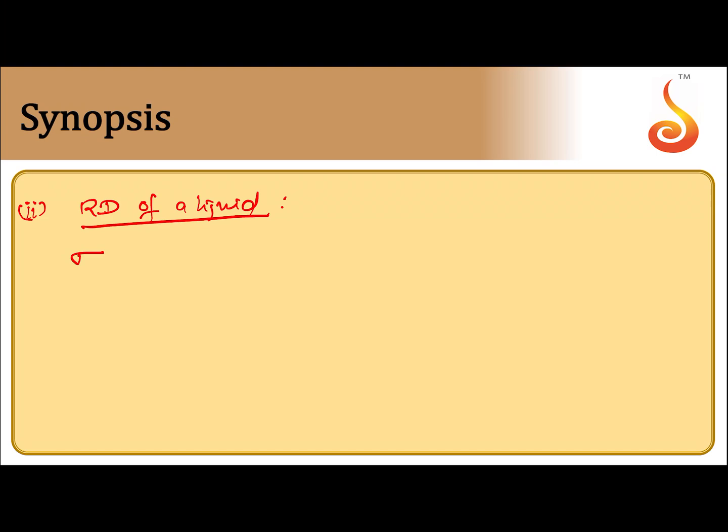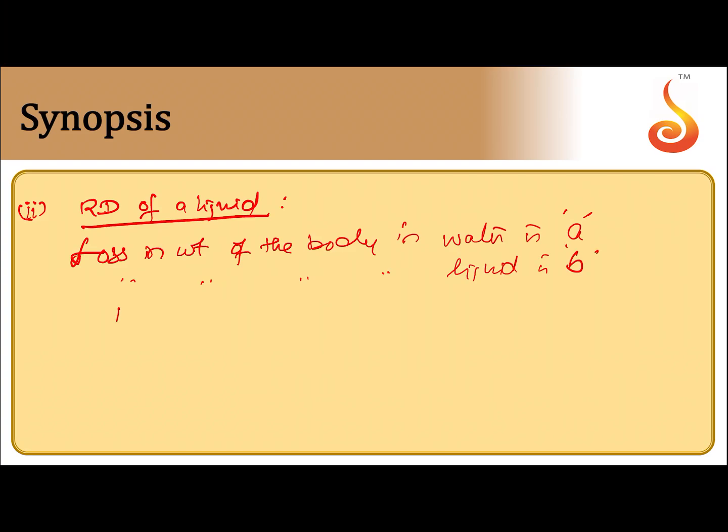Suppose I write it like this: the loss in weight of the body in water is A, and the loss of weight in liquid is B. Then the upthrust is equal to V sigma of water into G in water, and V density of liquid into G in liquid. This is equal to A, and this is equal to B.